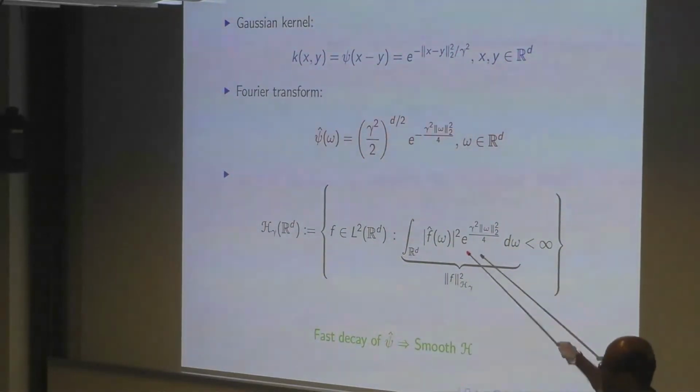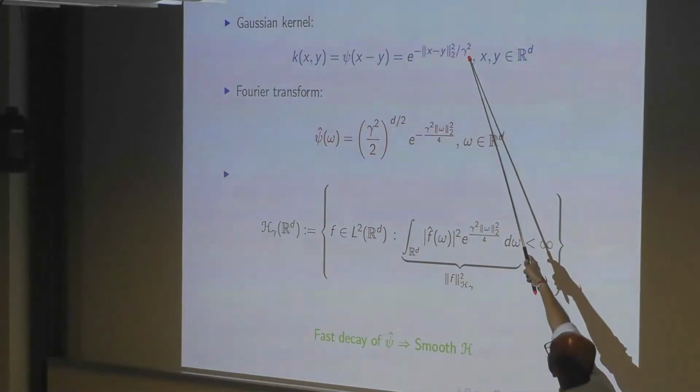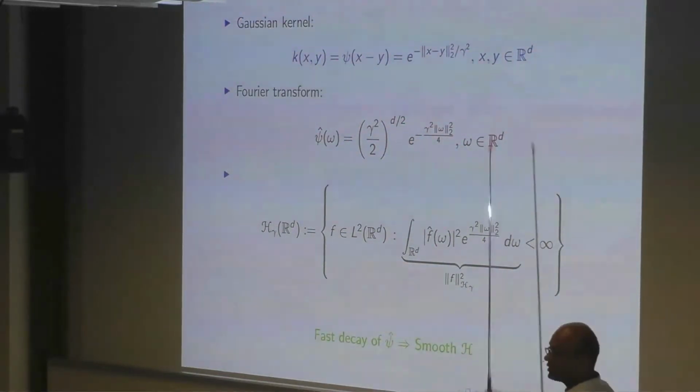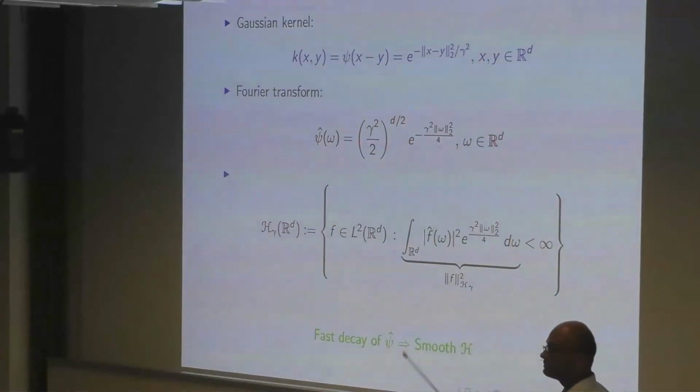They have to decay much faster, and therefore the functions are smoother. So even though all Gaussian kernels for any bandwidth are infinitely differentiable, the choice of gamma is critical. If gamma is large, those function spaces are smaller than the function spaces with smaller gamma.